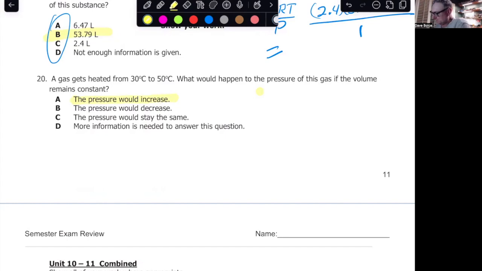Yeah, 30 to 50. Okay, so temperature went up. Volume remains the same. So yes, pressure is going to increase as I bring that up.